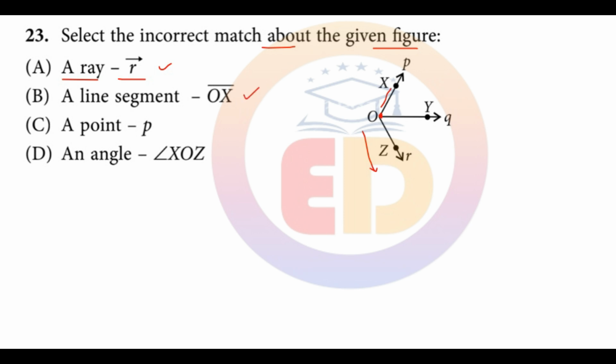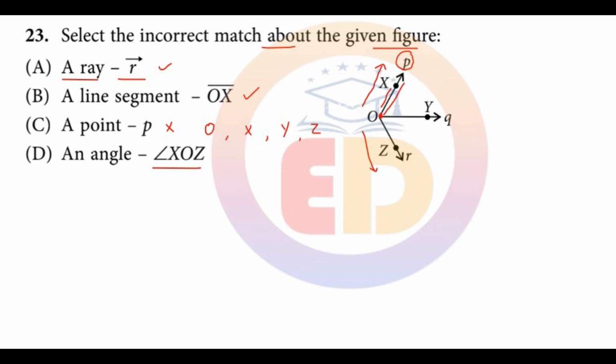Fixed length, two endpoints. Option C, a point P. If you look at this, this is not a point. The point is X. P is a ray with a starting point O and extending towards the direction of P indefinitely. So P is not a point. Incorrect option. Points here are O, X, Y and Z. An angle XOZ.